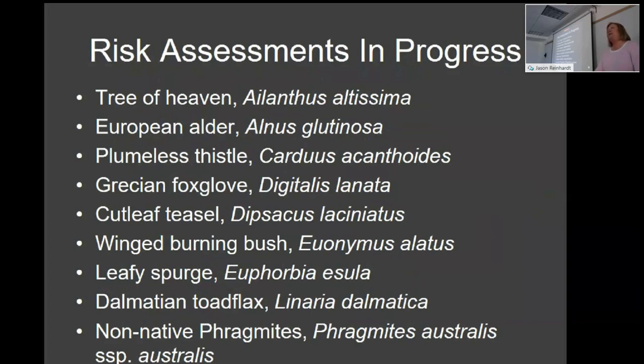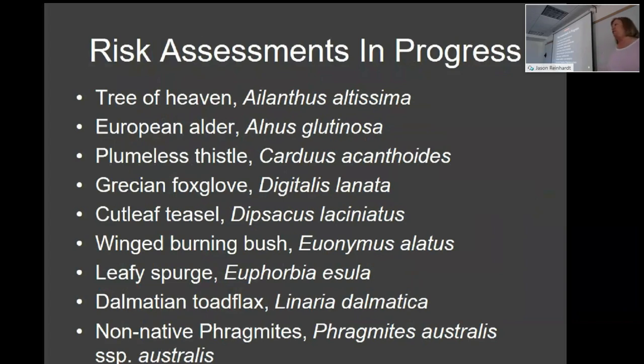Behind every species that's regulated in Minnesota, one big component of the decision of whether or not to regulate a species is a risk assessment. A risk assessment is done for each species and is based upon the plant's biology, distribution, how hard it is to control, and the likelihood that it can establish and spread in Minnesota.